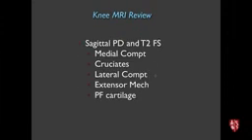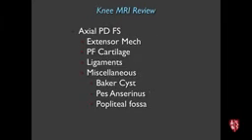Then on the sagittal, I reinforce what I've thought about the compartments, sweep through the cruciates again to recheck those, lateral compartment, and then turn my attention to the extensor mechanism and patellofemoral joint. On the axials, I refine what I think about extensor, patellofemoral articulation, often recheck ligaments, look for miscellaneous stuff, and then hit sign, okay?